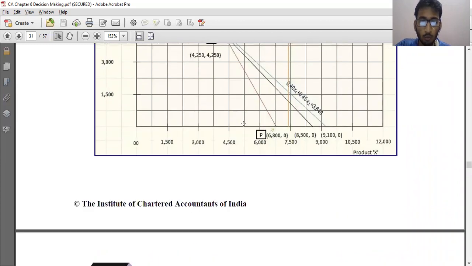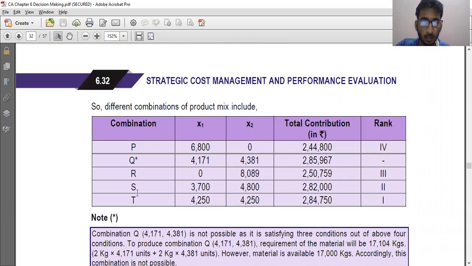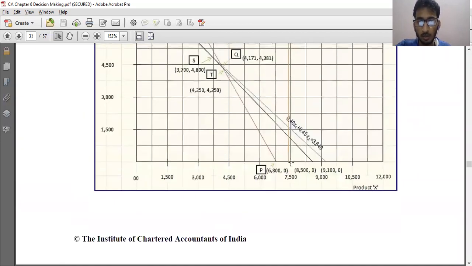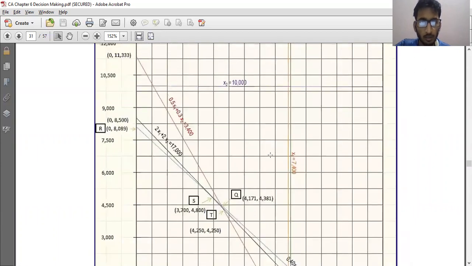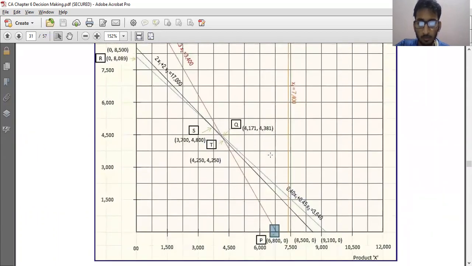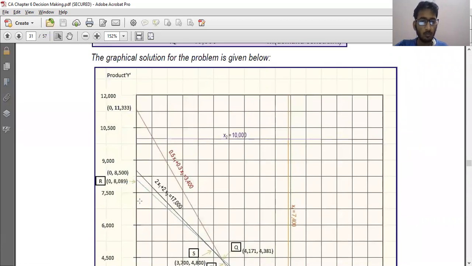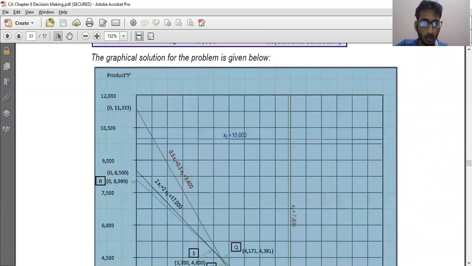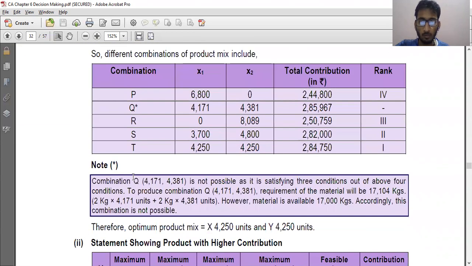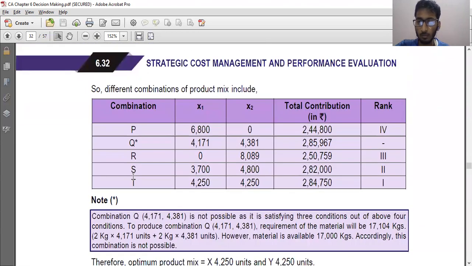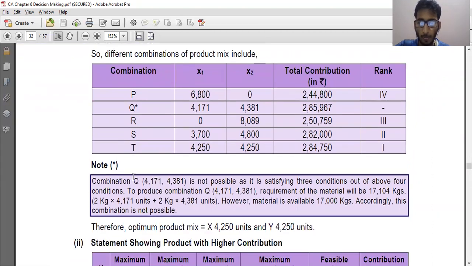Okay, so they have already created points. Three points are there, and two points are 0, 6800. They have taken one point like this, and 8089 and 0.